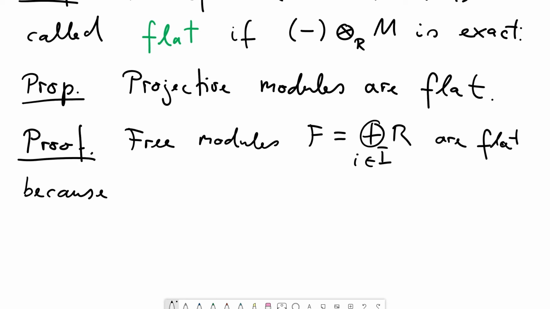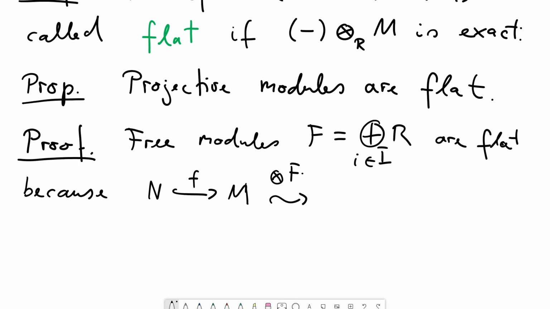And it does actually work for free modules, because if I have a monomorphism f from N to M, and to this homomorphism I apply my functor tensor product with this free module F, then I can use a property of the tensor product. Yeah?